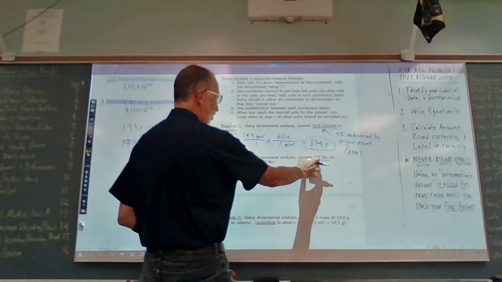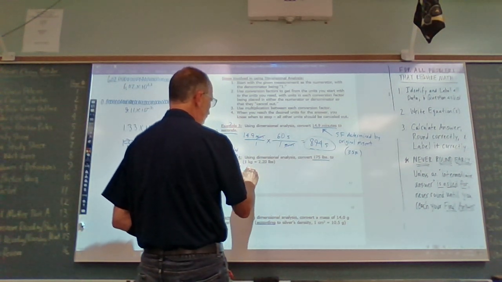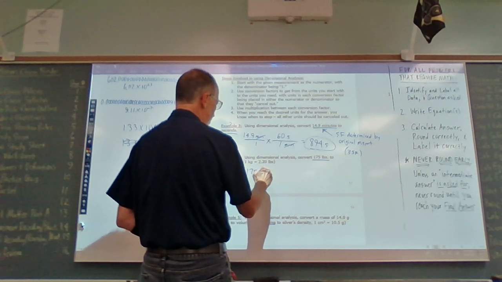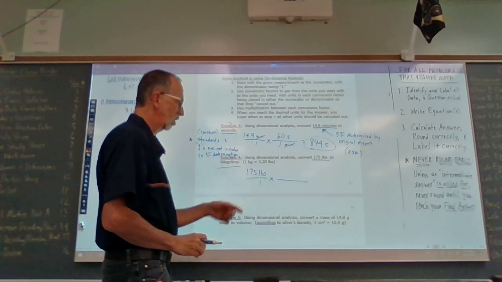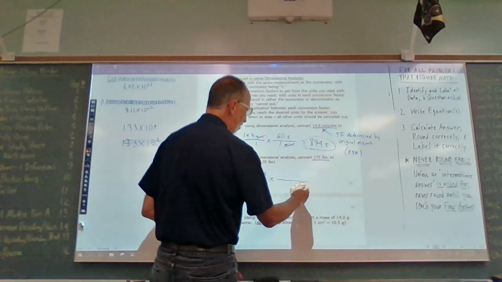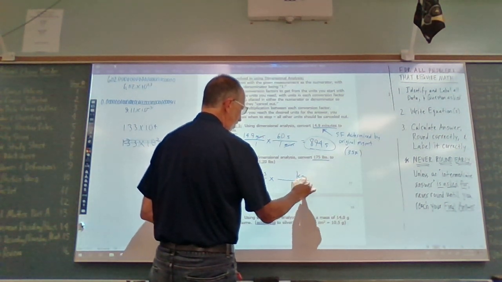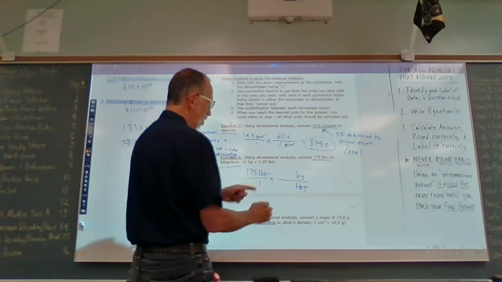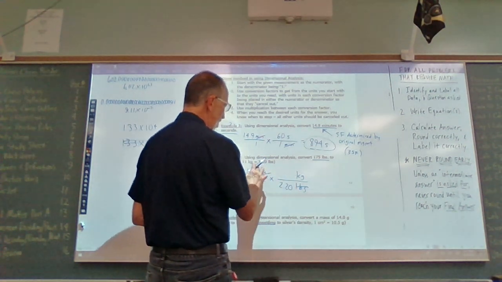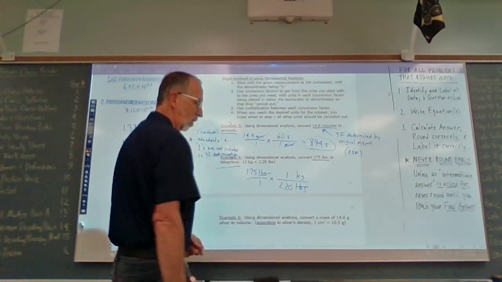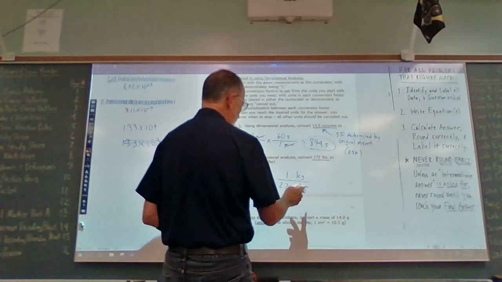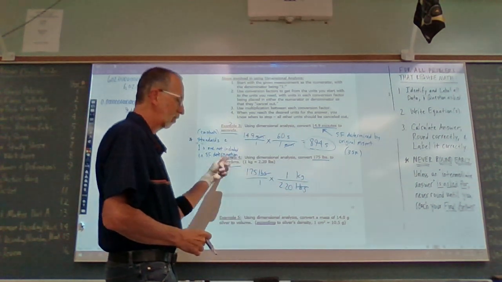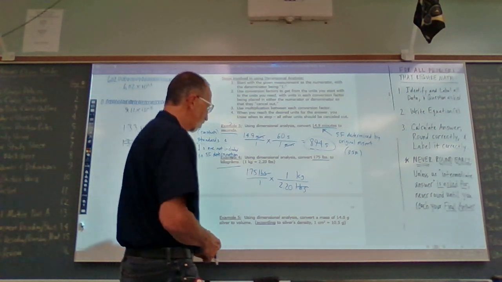So we're going to start with our beginning measurement, 175 pounds, put it over 1, and we're going to convert pounds to kilograms. So we need the pounds on the bottom, so they cancel, the kilograms on the top. So 2.2 pounds, here's our conversion factor, is equivalent to 1 kilogram. So kilograms is what we want, no more steps required.